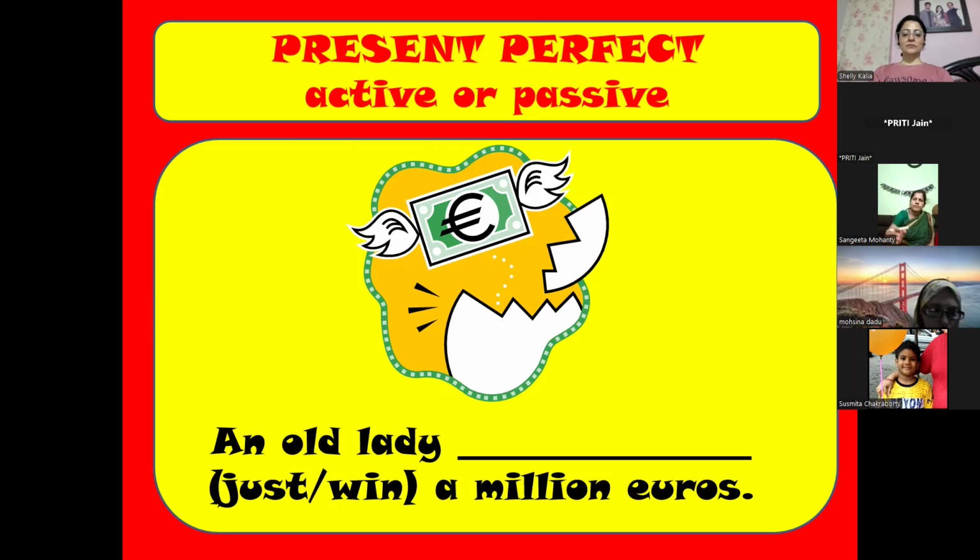Mosina, it is an old lady has just won a million euros. Yes, Sangeeta, this is a simple sentence because an old lady has won. किसने जीता है? Old lady ने जीता है. There is a doer. Win, won. Past participle क्या है? Won.